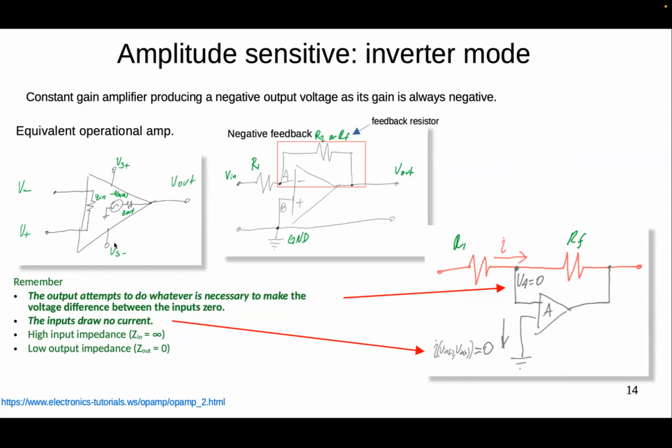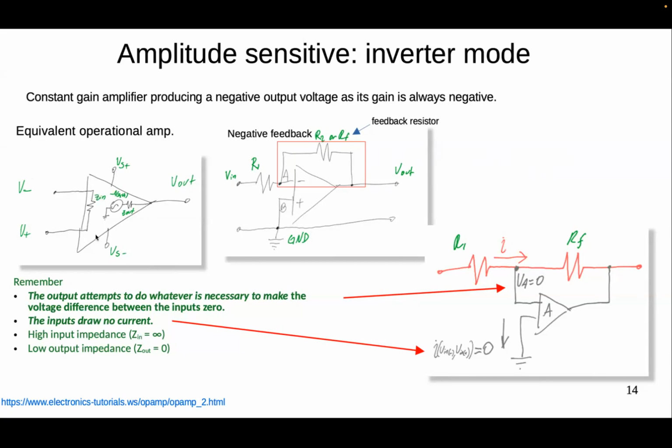To analyze how this inverting amplifier works, we have to remember some of the characteristics of the op-amp. So we have the inverted and not inverted inputs with an internal resistance. This is an equivalent operational amplifier scheme.